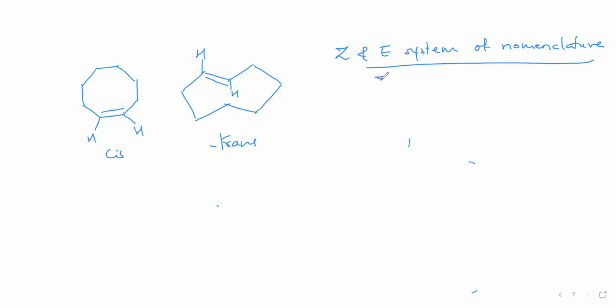Here, this Z comes from the German word zusammen. Zusammen means same side. And E comes from the German word entgegen. Entgegen means opposite side. I'll tell you what this is. Don't worry.